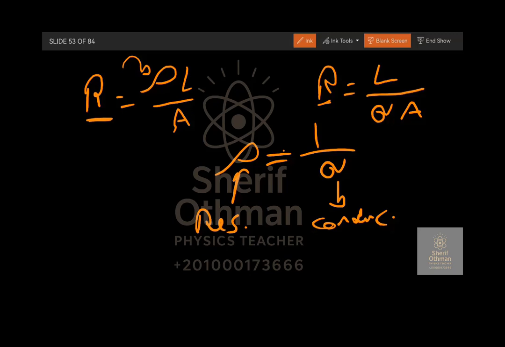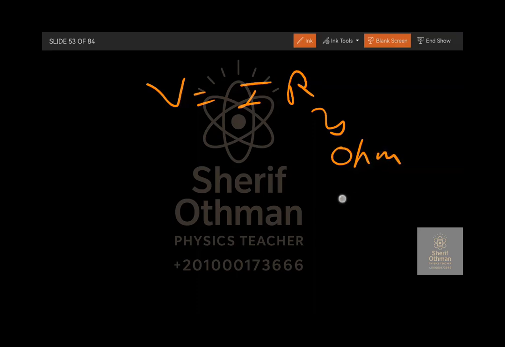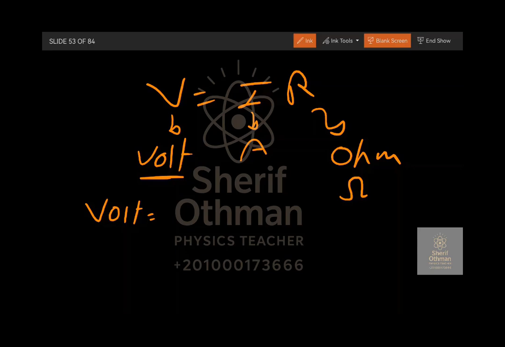Who can tell me, according to Ohm's law, V equals I times R. R is measured in ohm and has this symbol. I is measured in ampere, and V is measured in volt. Look guys, we can say that volt is equal to ampere times ohm.